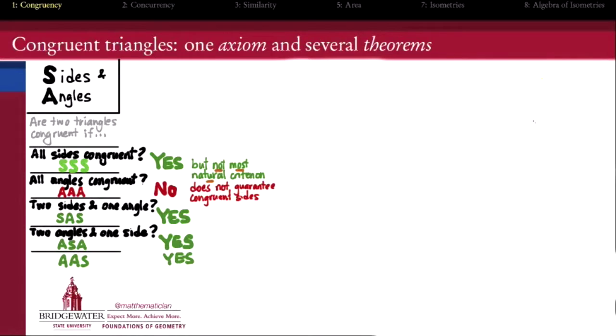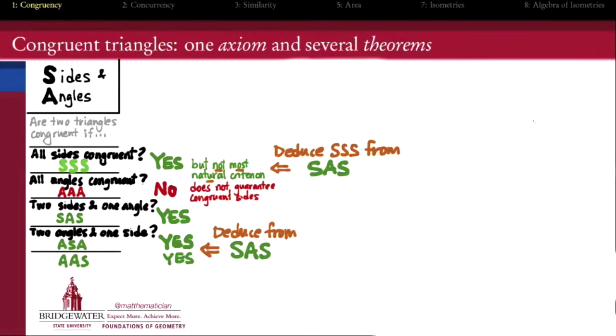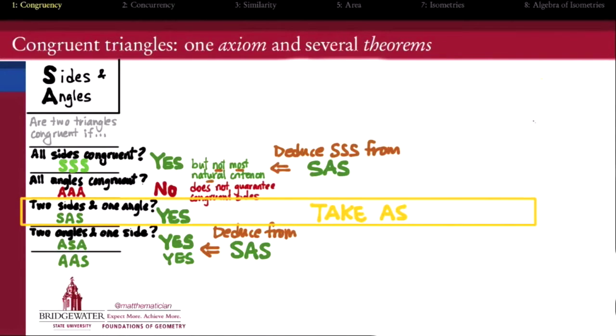Because SSS was not a natural criterion for congruence, because not every collection of three sides even gives us a possible triangle to begin with, we're going to treat SSS as though it's a consequence of something else. It's not going to be our axiom. Instead, we're going to deduce the truth of SSS from something else. And something else that we're going to deduce it from is SAS. So the SAS congruence criterion for us is going to be the one that we're going to take for granted as an axiom.